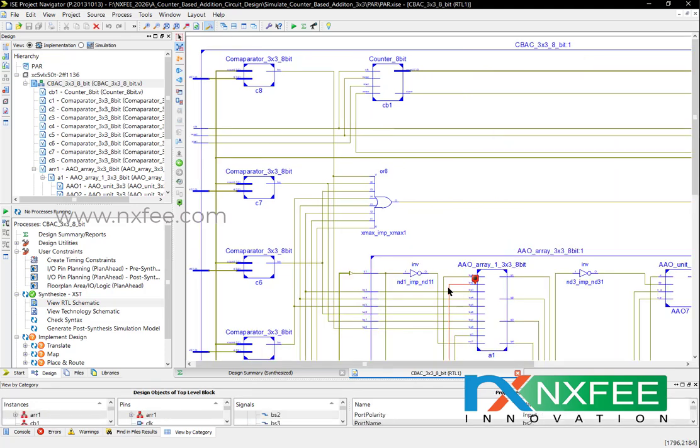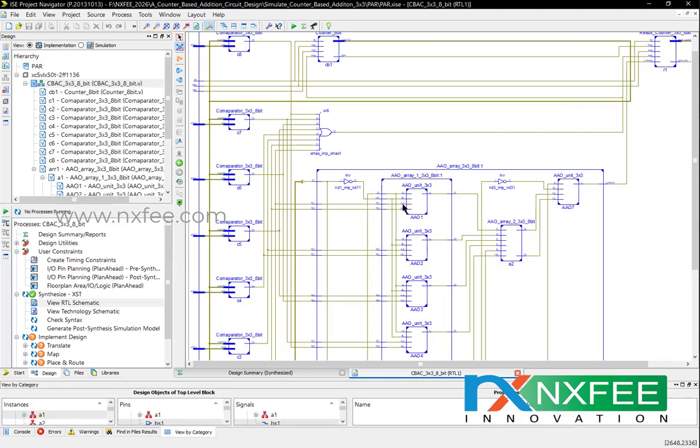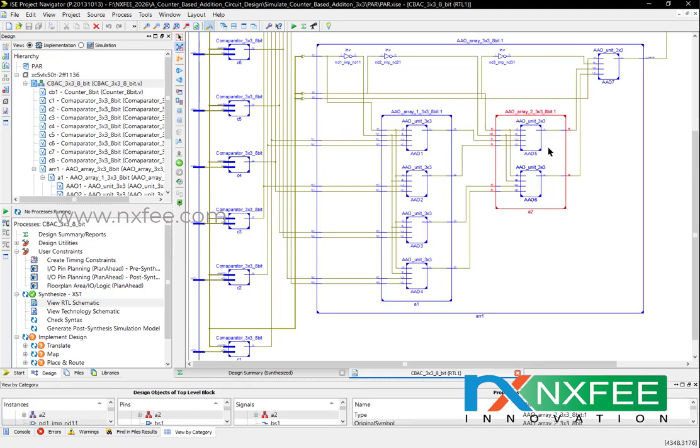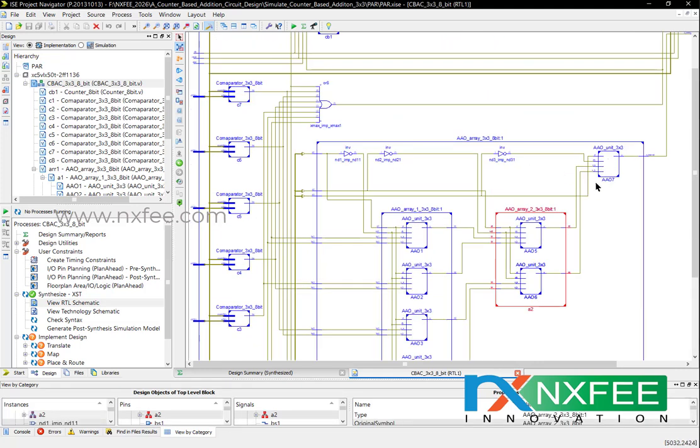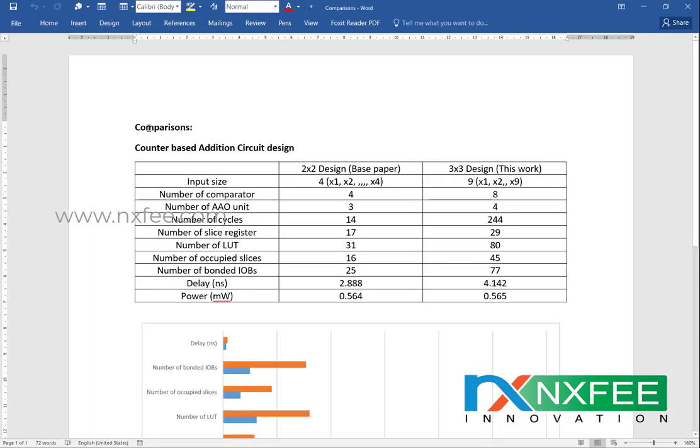In the AAO architectures we have used AAO1, AAO2 and AAO3 units. AAO1 is present with a number of AAO units, AAO2 is secondary, and AAO3 is the final one. All these parameter comparisons we updated in the document.